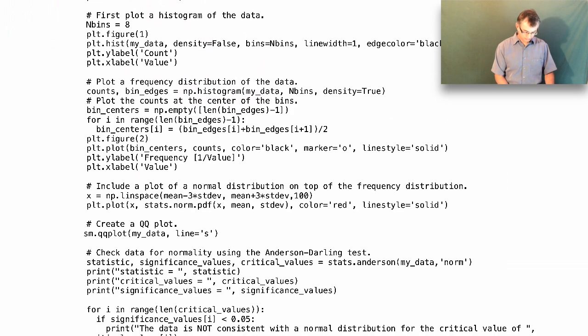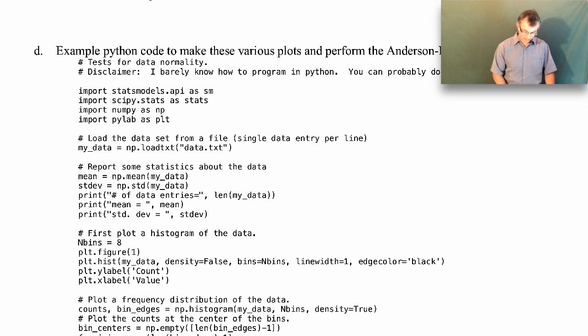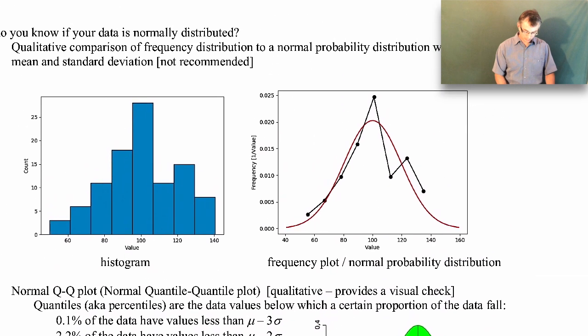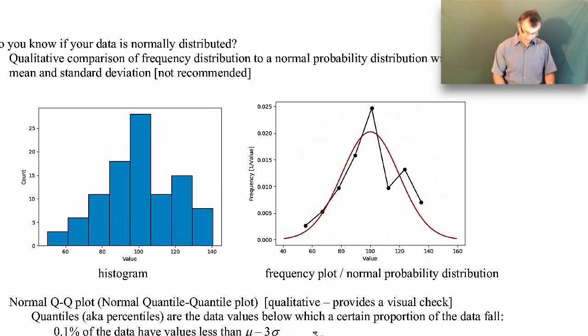And then here's the plot of the frequency distribution. This is a plot showing the normal distribution. That part of the code just produced this plot.